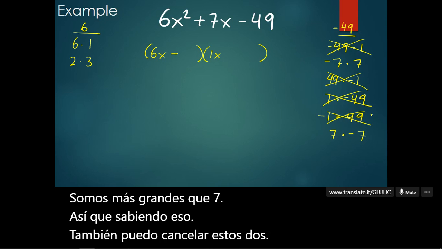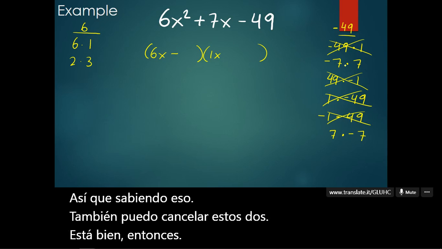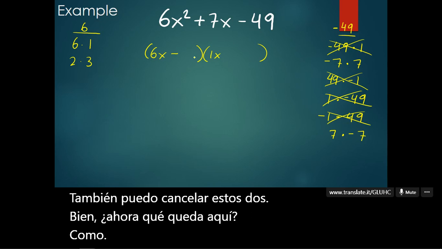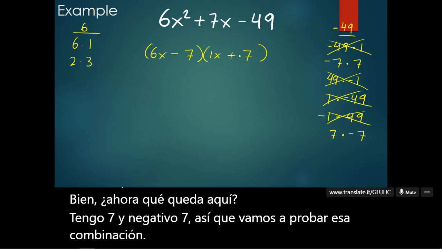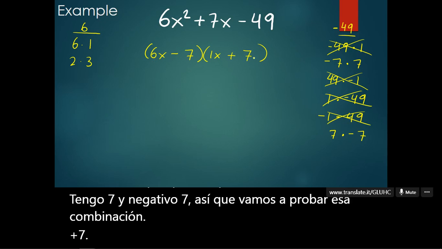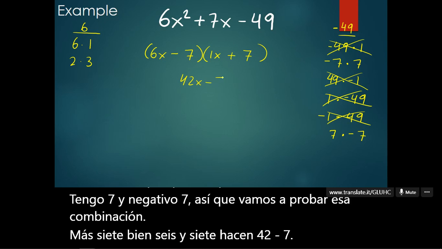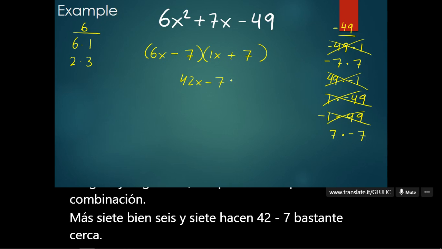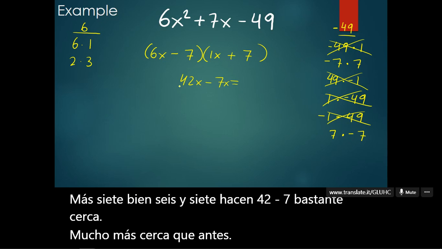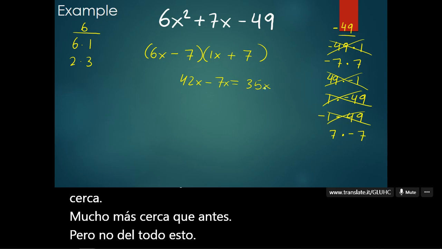Okay, so now what's left here? I have 7 and negative 7, so let's try it out. That combination, plus 7. All right, 6 and 7 make 42 minus 7. Pretty close, a lot closer than before, but not quite. This is 35x.